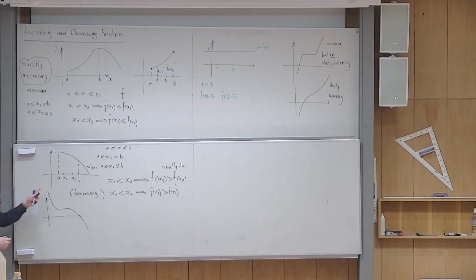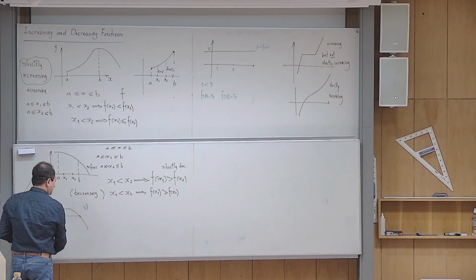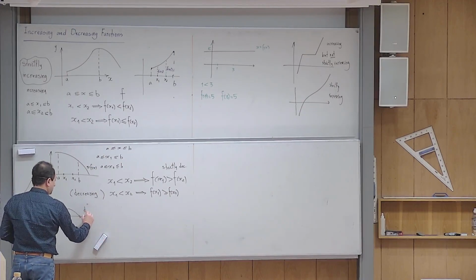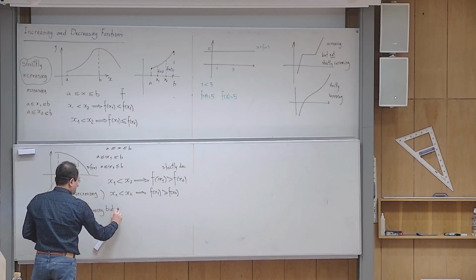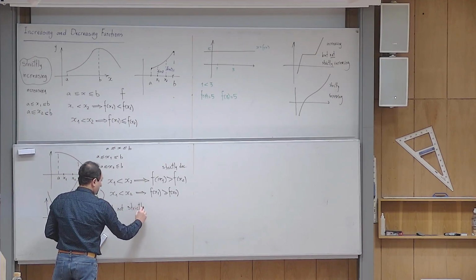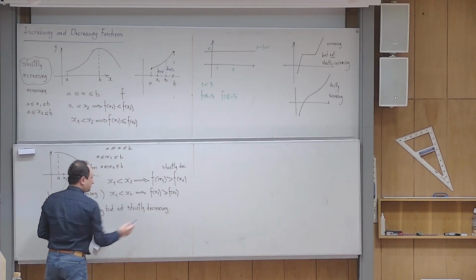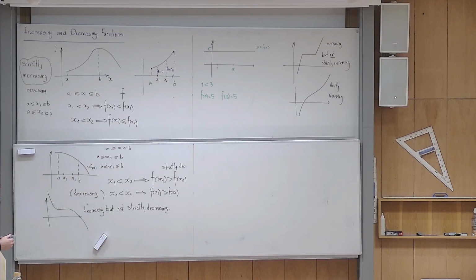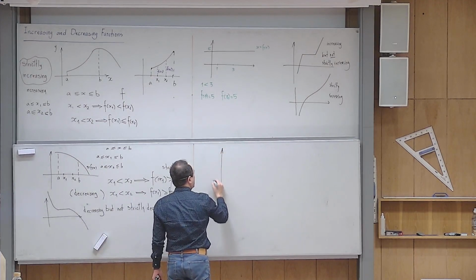So this function is decreasing, but not strictly decreasing, because at some point, on some interval, it becomes flat. Okay? But again, as you probably could predict yourself, most functions are not like this.